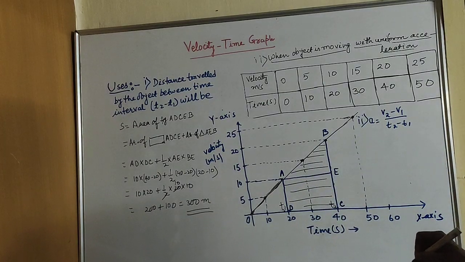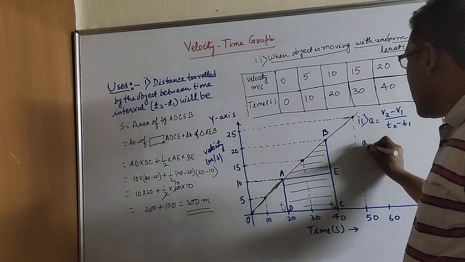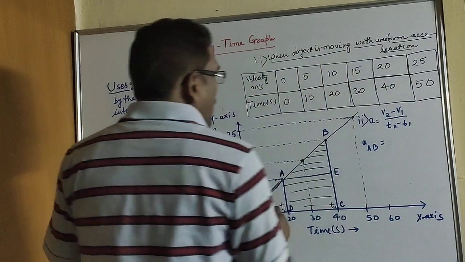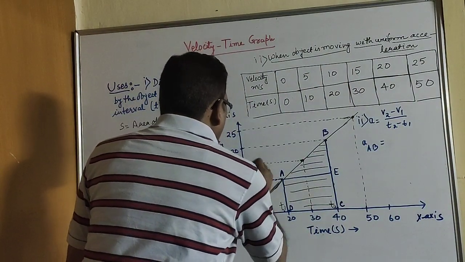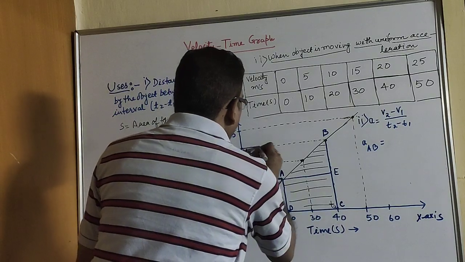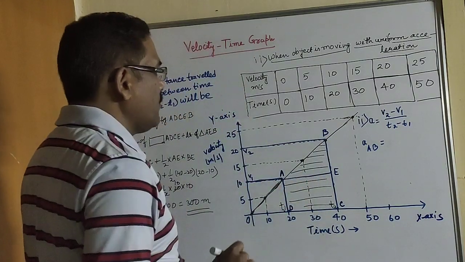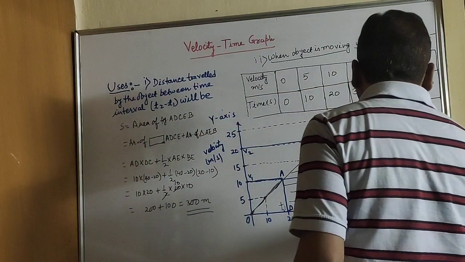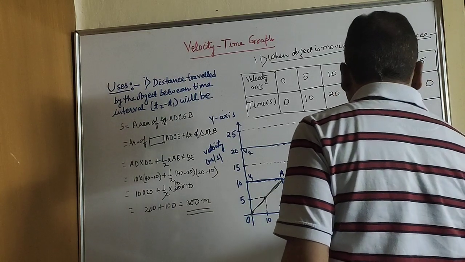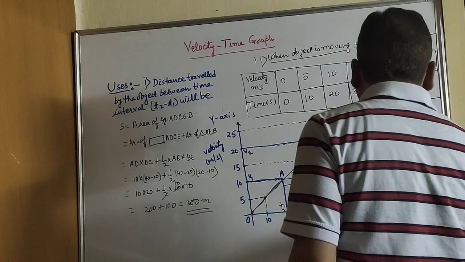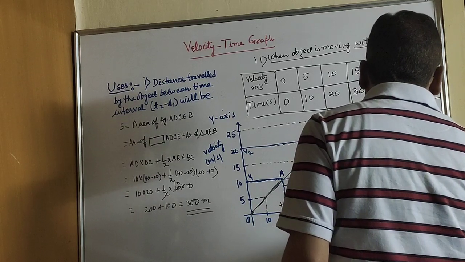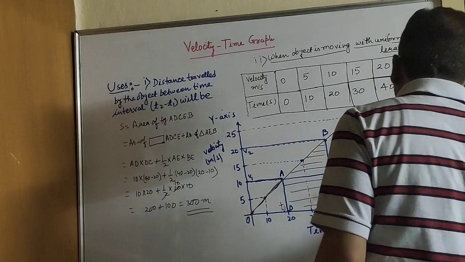So if we are calculating acceleration between points A and B, so substitute the values. So suppose this is v1 and this is v2 at point A and at point B. So v2 minus v1, so it will be 20 minus 10 and t2 minus t1 is 40 minus 20. So it will be 10 by 20, so 0.5 meter per second square.